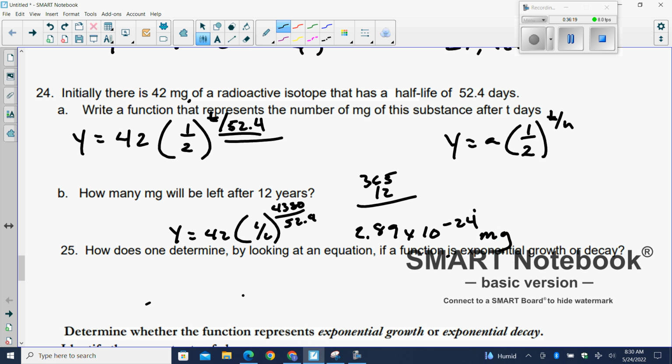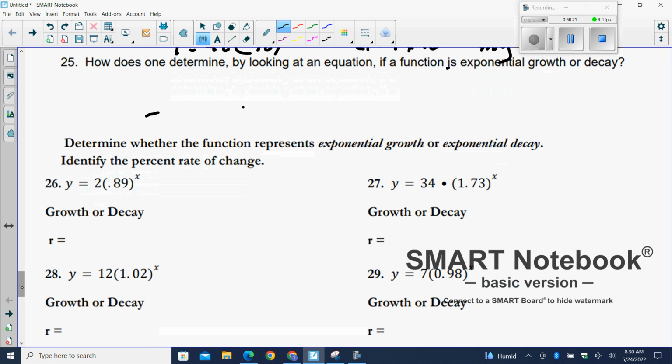Okay? All right. Question 25. How do you determine whether a function is exponential growth or decay? If r is less than 1, we're assuming r is greater than 0. I think our textbook actually allows r to be negative, which is not normal.